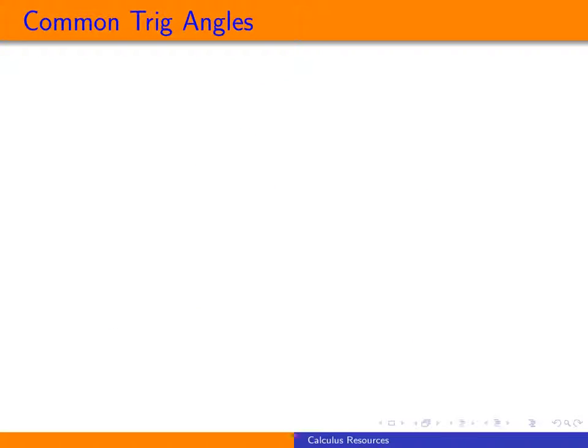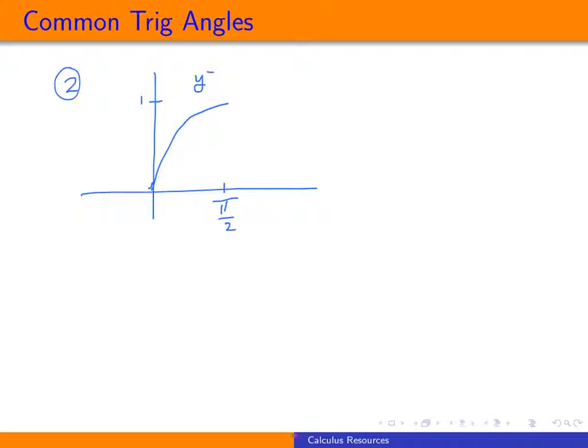The second method that can be really useful is to just think about what sine and cosine look like graphically. So if we consider sine, and let's just look at what's going on here from 0 to pi over 2, roughly speaking, it's going to look something like this.